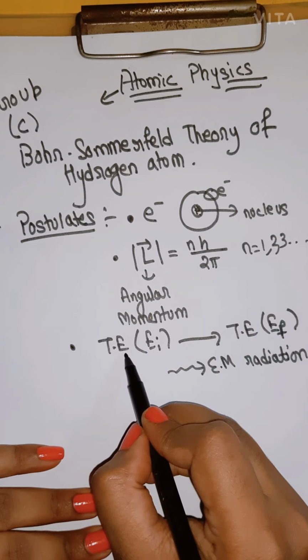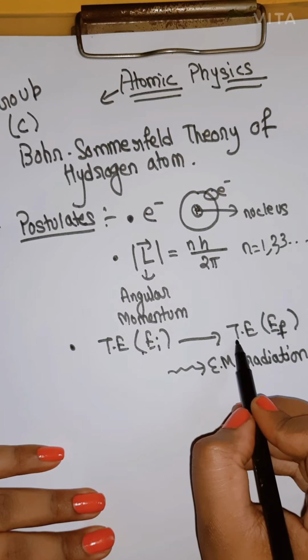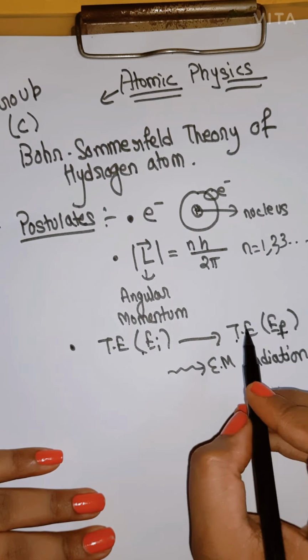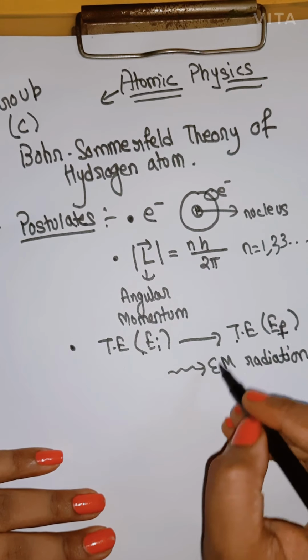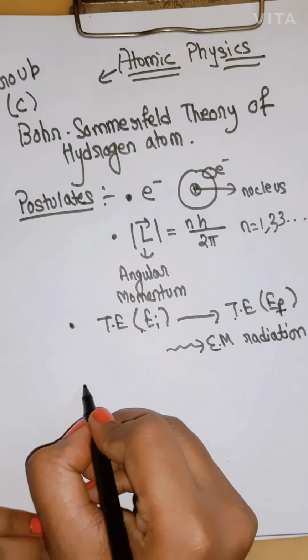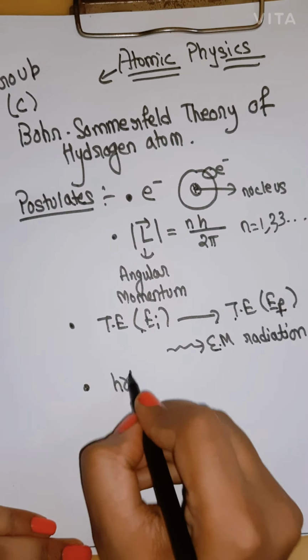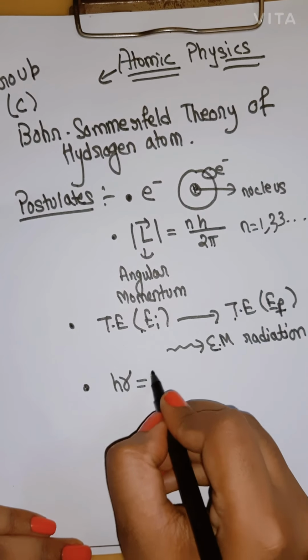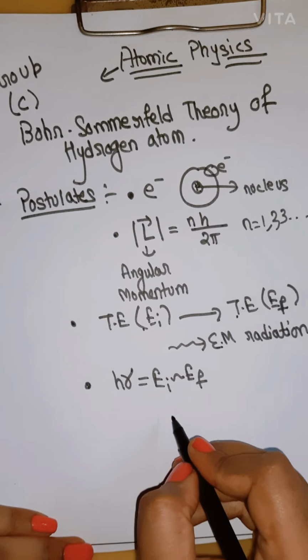The energy of the emitted or absorbed photon will be equal to the difference of Ei and Ef.